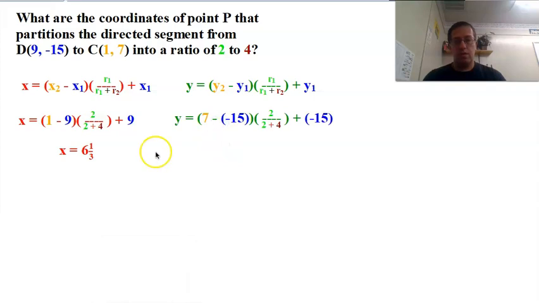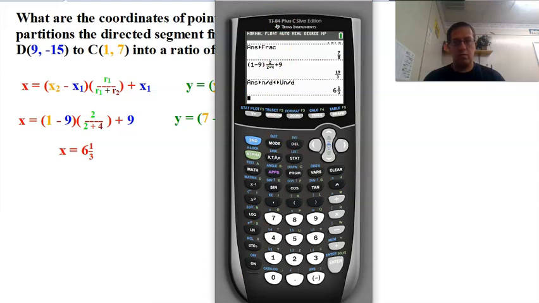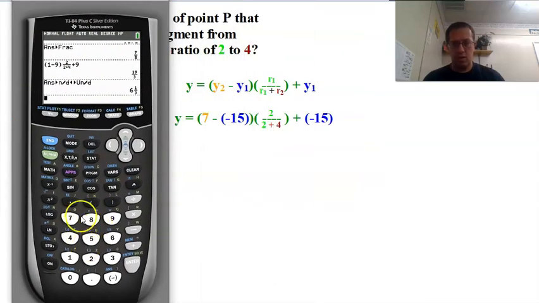So we're going to plug this into our equation. We have 7 minus -15 times the same ratio we had over there, 2 over 2 plus 4, plus, where did we start? -15. So I'll get my calculator back up. Let's move that over so I can see what I'm typing.